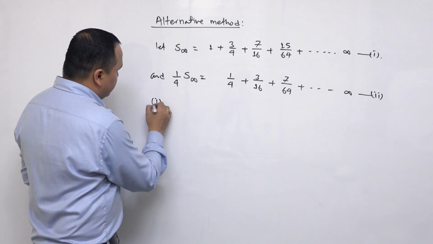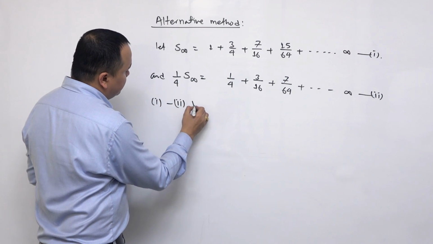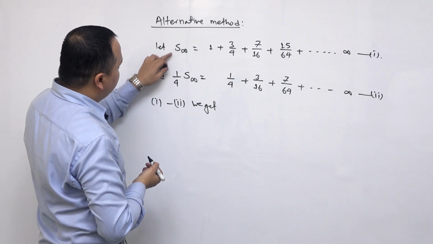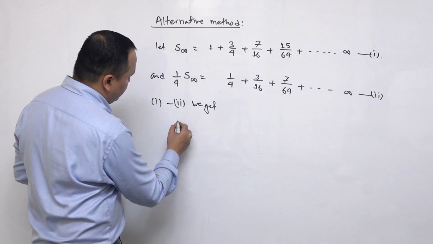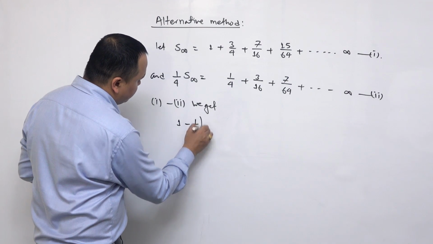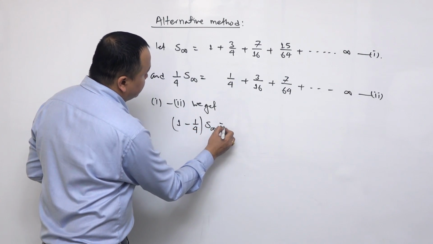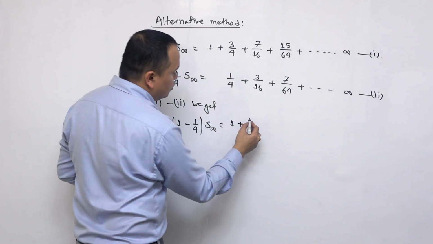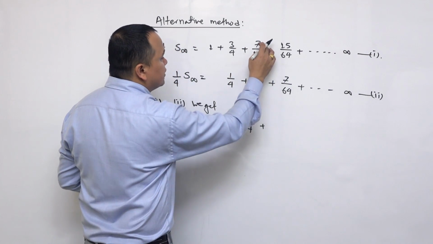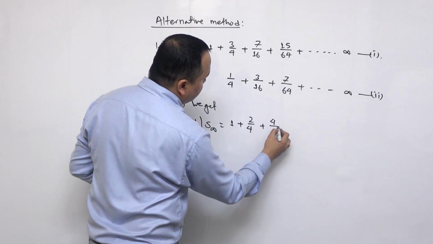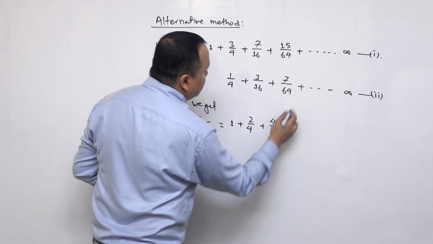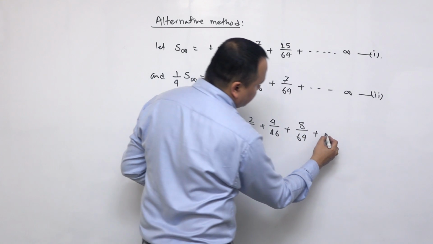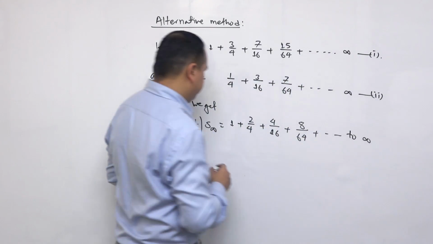Now I minus II, we get 1 minus 1 upon 4 S infinity equal to 1 plus 3 minus 1, 2, 2 by 4, 7 minus 3, 4 by 16, 15 minus 7, 8 by 64, plus to infinity.